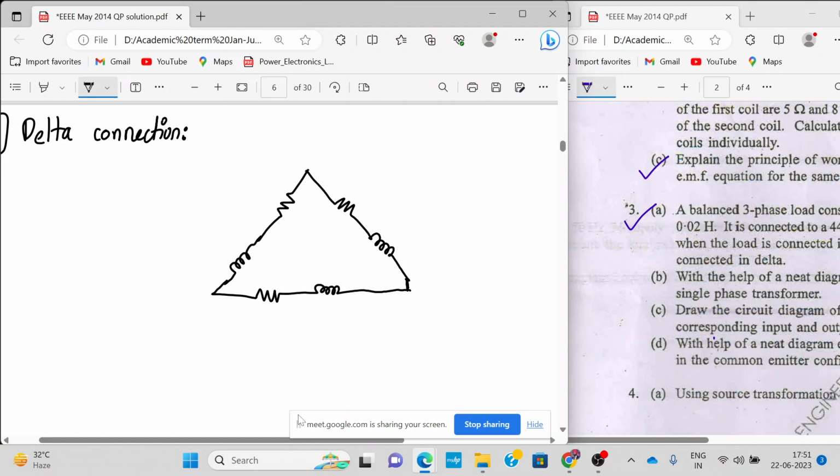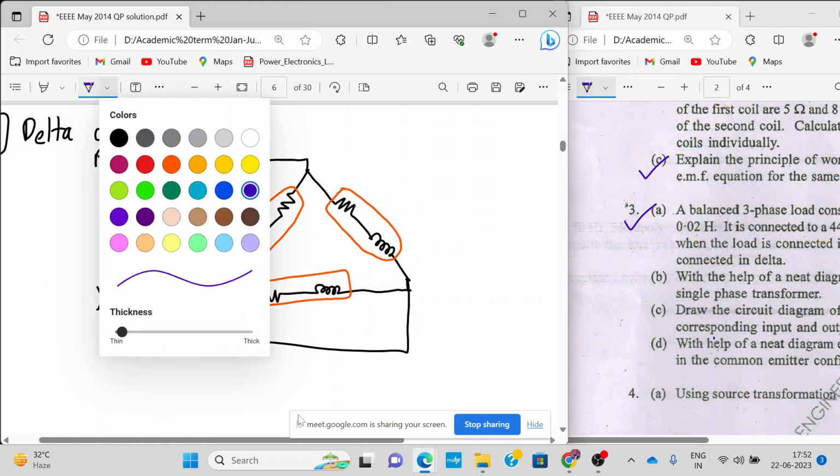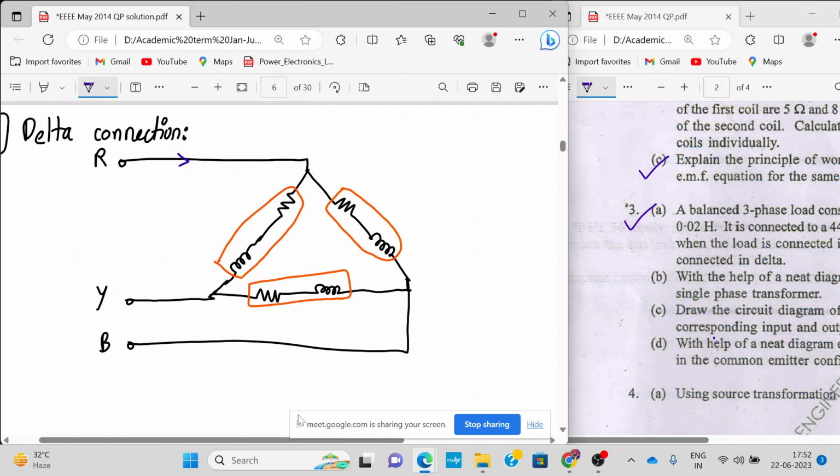What will change? I'll tell you. So this is your R, this is your Y, and this is your B, R Y B, and these are the three coils. All right. I hope this is clear. And this is the line current, line voltage.